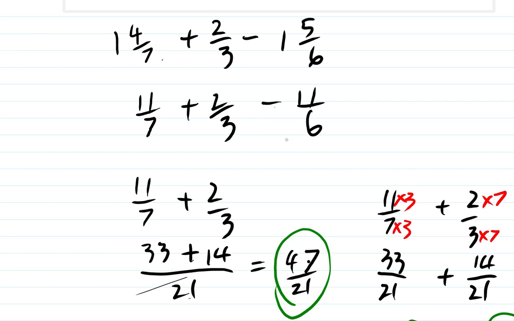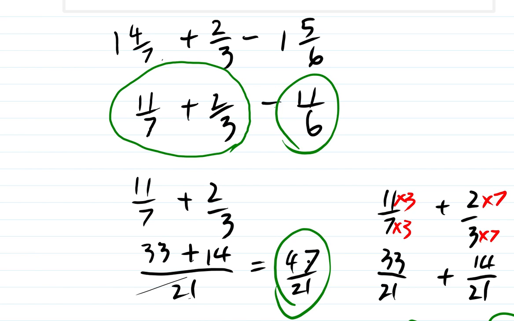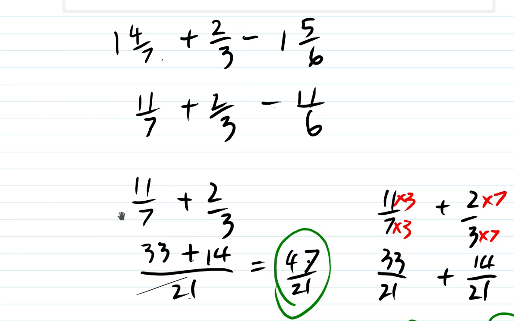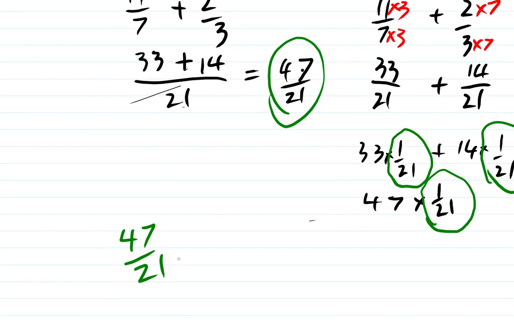My aim is to explain this thing step by step. So all of this amounted to 47/21. Let's deal with this part now. We're going to have that minus 11/6. So it's 47 over 21 minus 11 over 6.